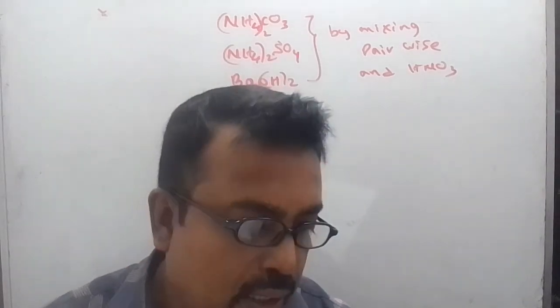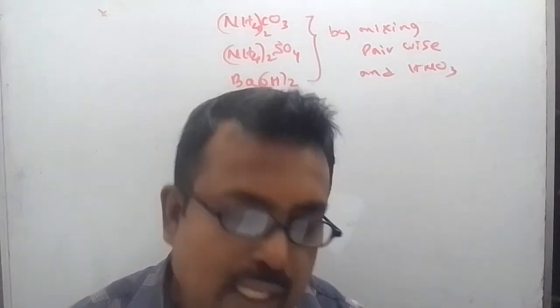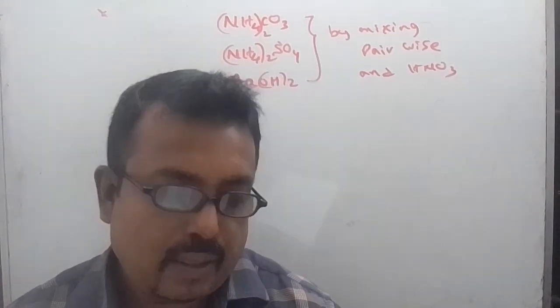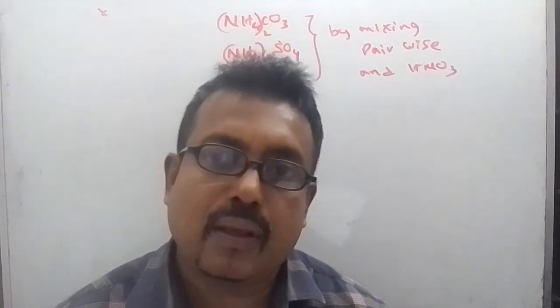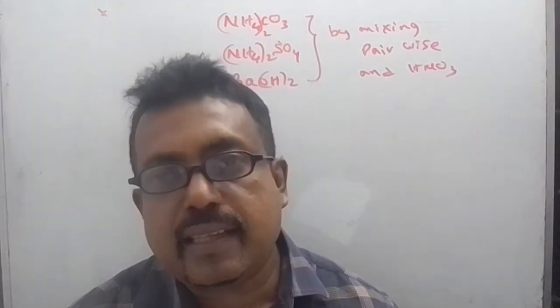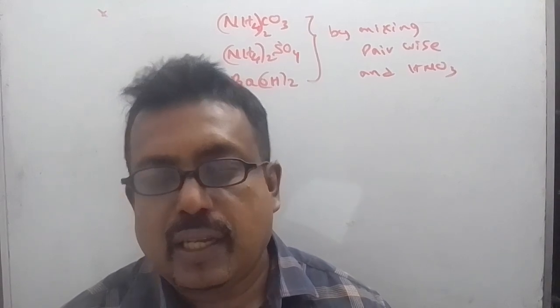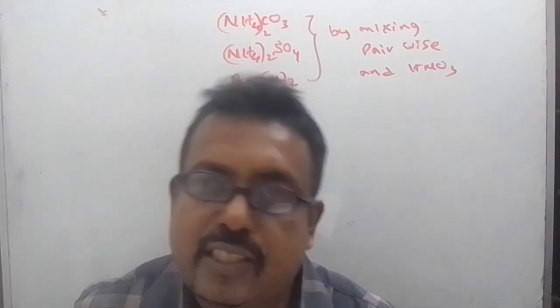They are talking about mixing pairwise. What is the meaning of mixing pairwise? Sometimes you can think we can easily find out what happens if these two reagents mix with each other.